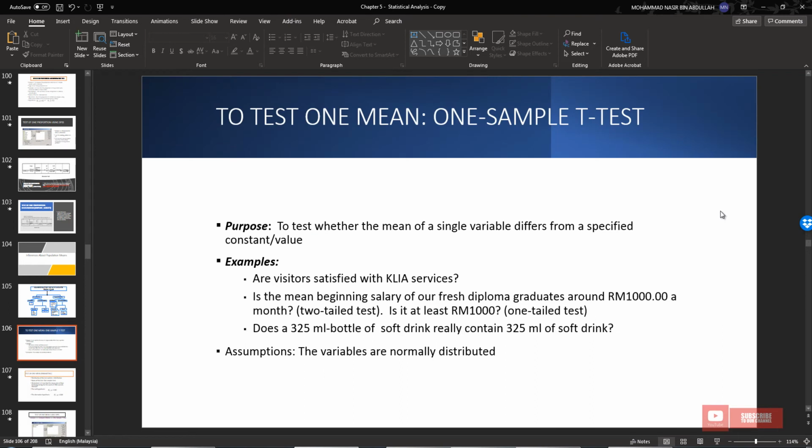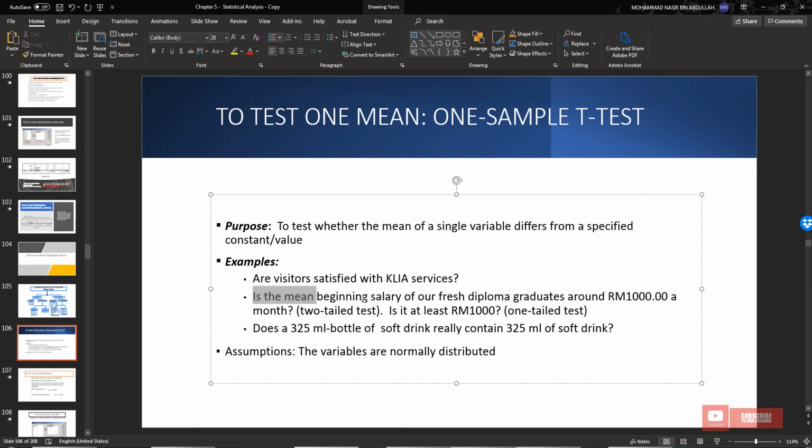Right. So let's look at a test of one mean, the one sample t-test. To test whether the mean of a single variable differs from a specific constant value. So for example, is the mean beginning salary of our fresh diploma graduates around 1,000 a month? It's a two-tail test. Is it at least 1,000?